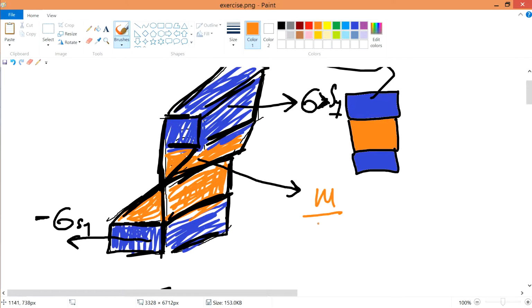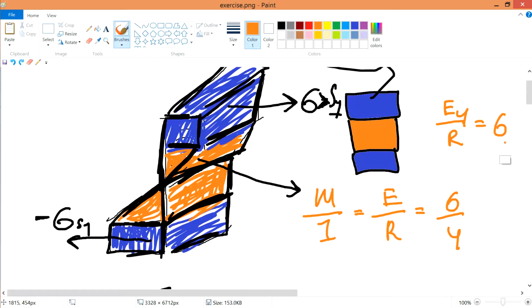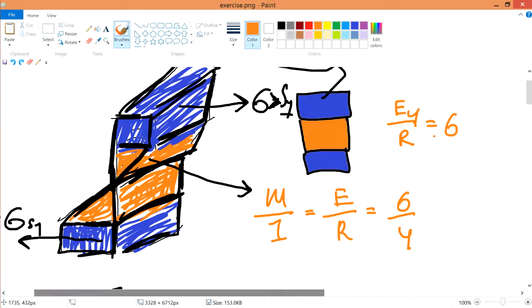So therefore you can apply your M over I is equal to sigma over y. Since you don't know your M and you have not much information of I, you can just use your E over R is equal to sigma over y. And therefore I have Ey over R is equal to sigma. And since your sigma is equal to SY, such that it will start to yield, then we can just equate Ey over R equals SY.